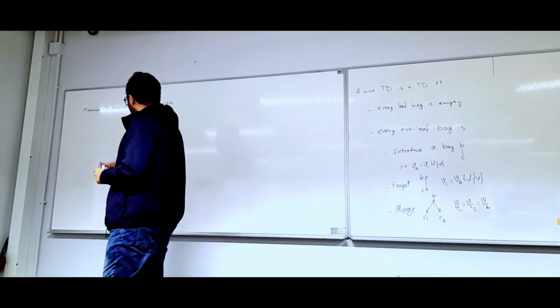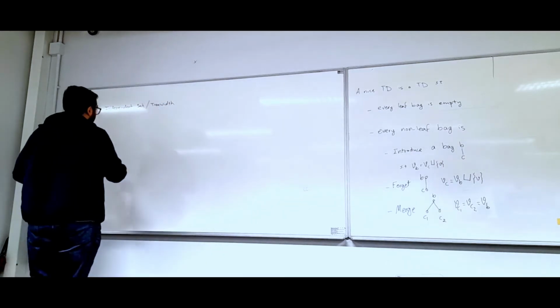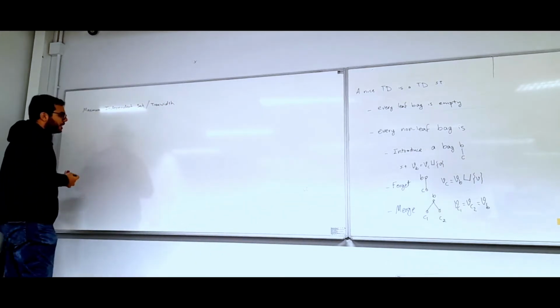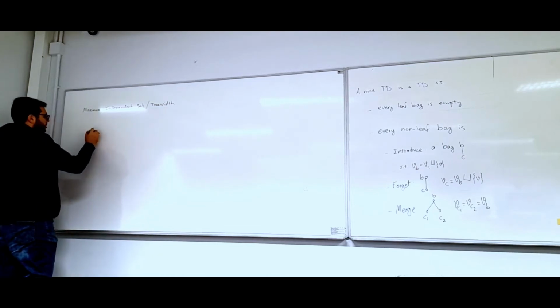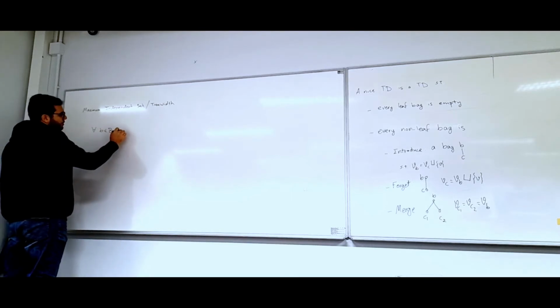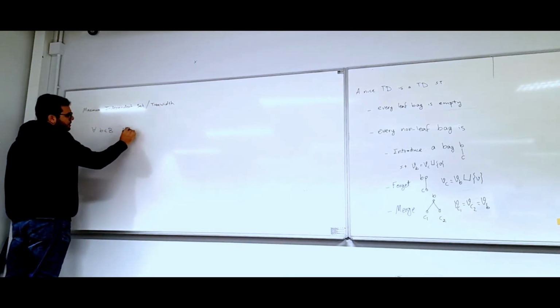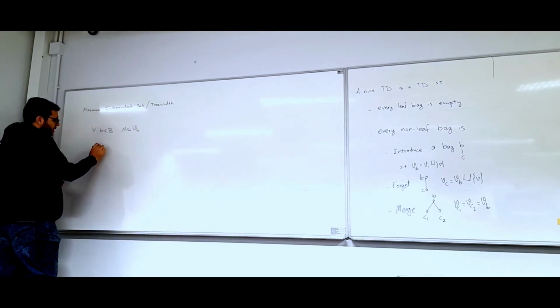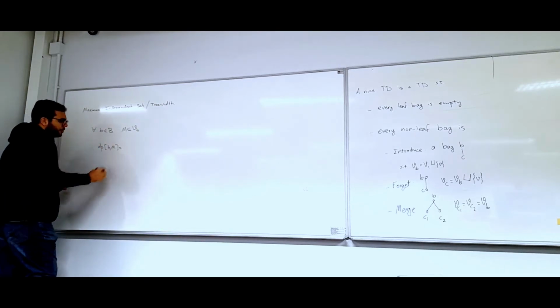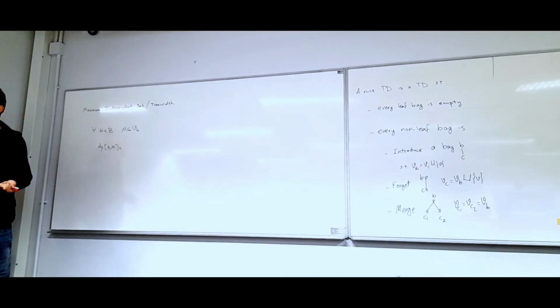So I have my tree decomposition and my graph, and I want to again define my DP. I say that for every bag B in my tree decomposition, and for every mask, which is a subset of the vertices of B, I define DP of B and M exactly as before.